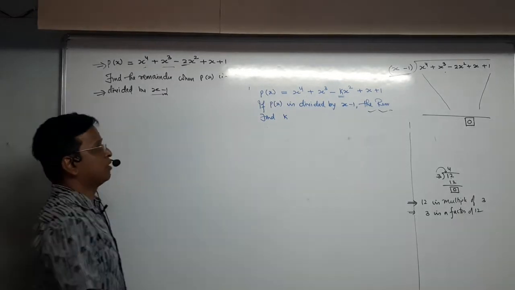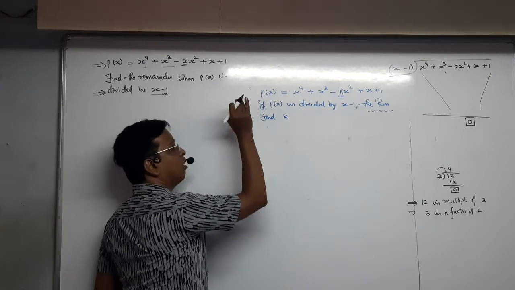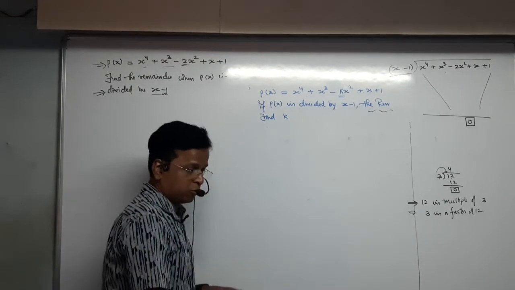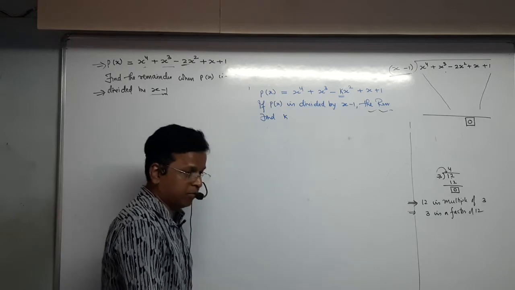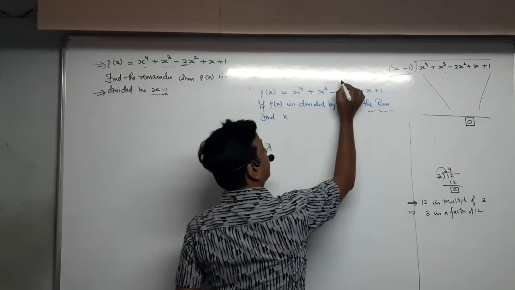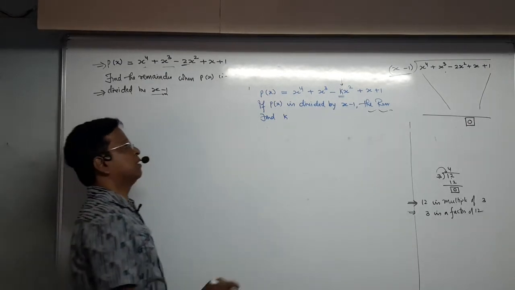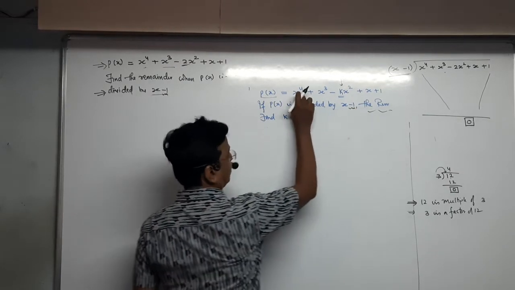In another type of question, they will give you the polynomial and they will also tell you the remainder. If I divide by so and so, the remainder is given, the divisor is given, and one alphabet will be there in the polynomial. Again the same thing, p of x, you will take the opposite of this and substitute over here.